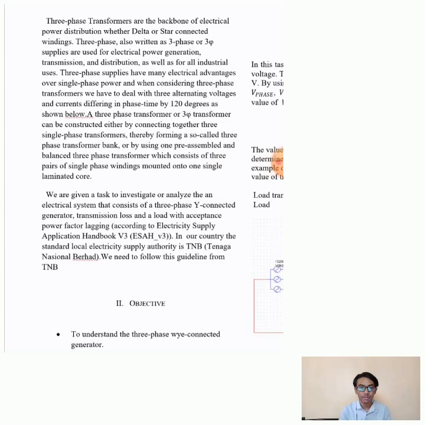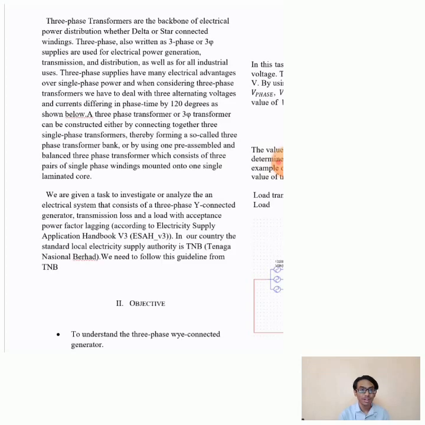We are looking at the Electrical Supply Application Handbook version 3, which is called ESAH version 3. In our country, the standard local electricity supply authority is TNB, which is Tenaga Nasional Berhad.